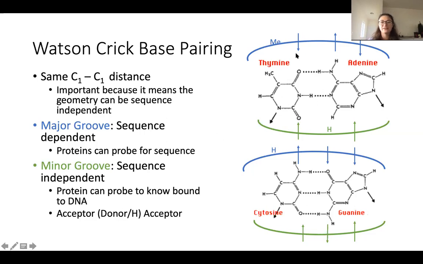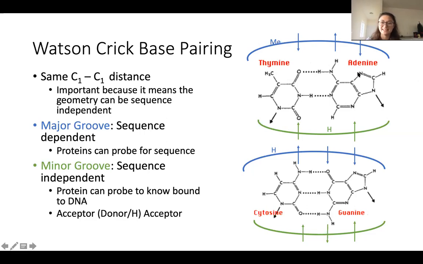And then the other thing that is really important is about the major and the minor grooves. The major groove is sequence dependent. So say we have a T bonded to an A, then if we read off this series of hydrogen bond acceptors and donors, we have methyl, methyl, acceptor, donor, acceptor.